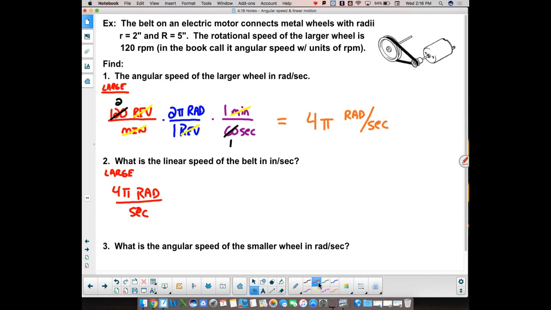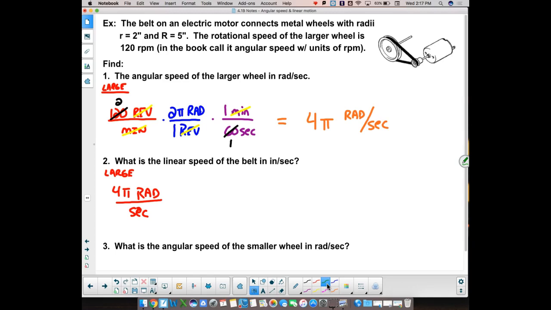I want that to be a linear speed in inches per second. So what is the radius of the larger wheel? 5 inches.